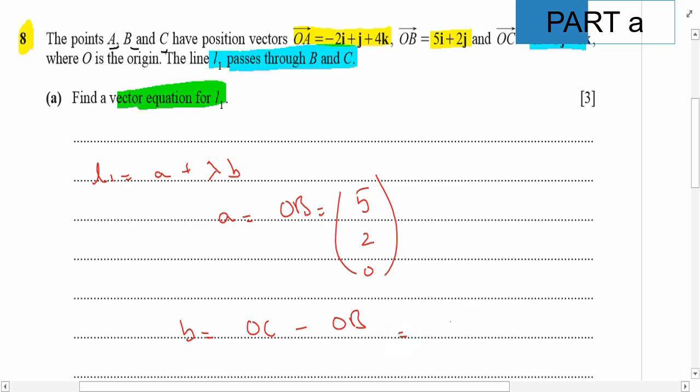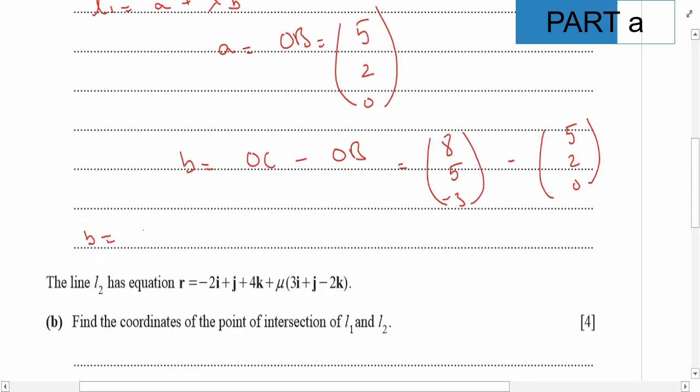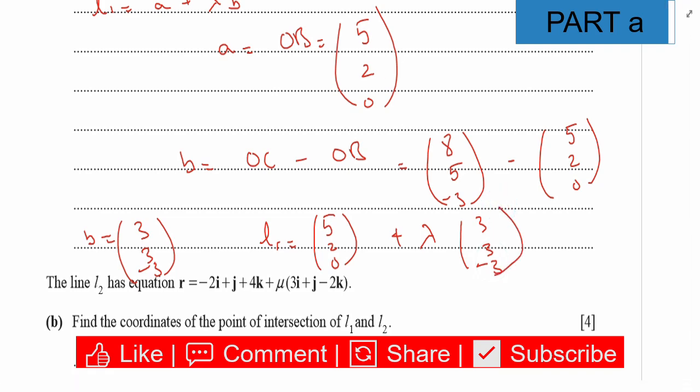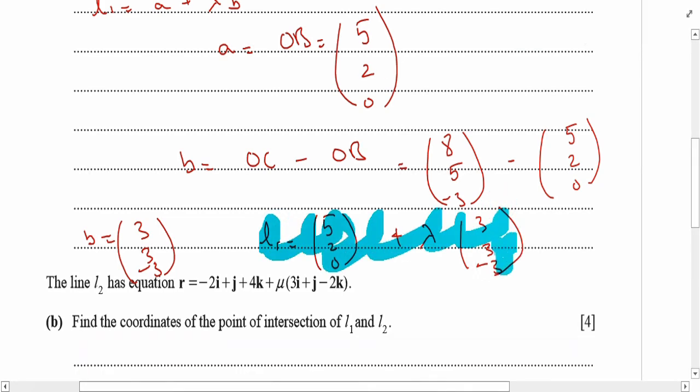So it would become (8, 5, minus 3) minus (5, 2, 0). B equals (3, 3, minus 3). So our equation of line L1 equals (5, 2, 0) plus lambda times (3, 3, minus 3). So this is our vector equation.